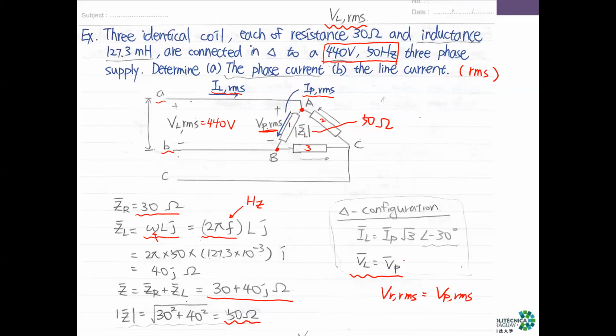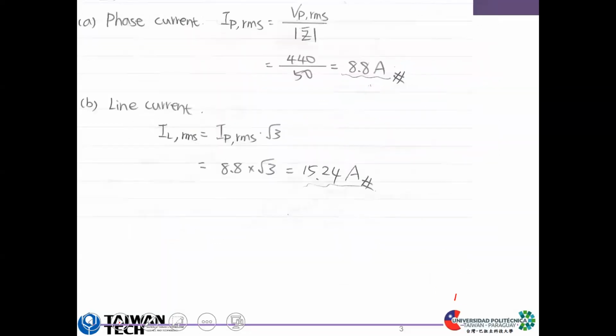The next step is to calculate the phase current. Right now you know V_P, because V_P RMS equals V_L RMS equals 440 volts, and we also calculated the amplitude of the impedance, 50 ohm. So the phase current equals the phase voltage divided by the amplitude of the impedance.